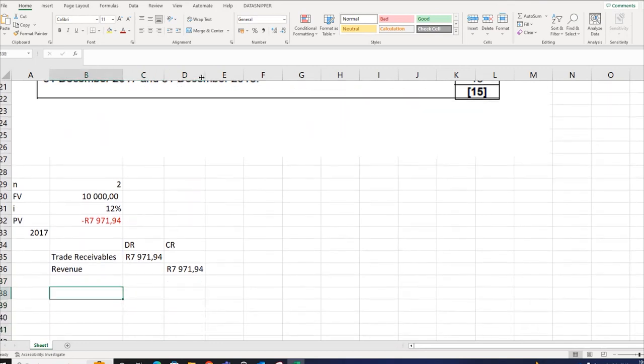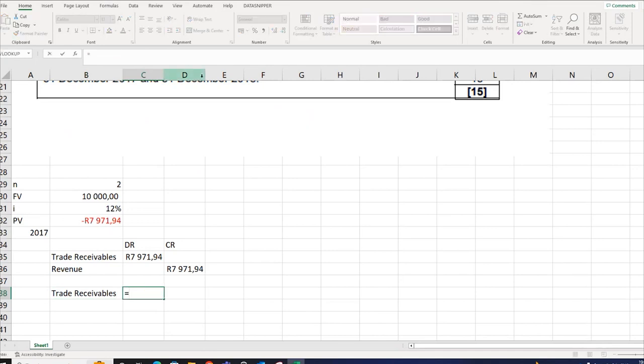So now there is the unwinding of the interest as a result of the time value of money. Because there is this financing component, there will be finance income. So again, we recognize the trade receivables because we're not receiving this at this point in time, and that will be this present value multiplied by the discount rate.